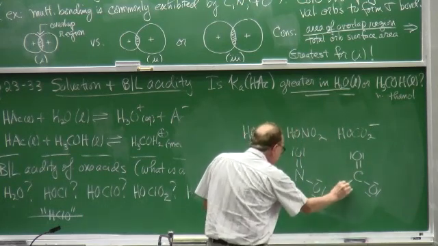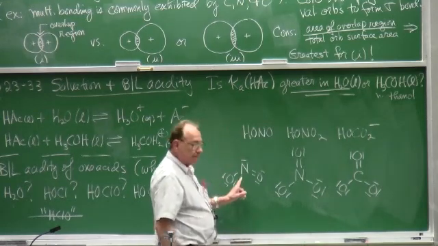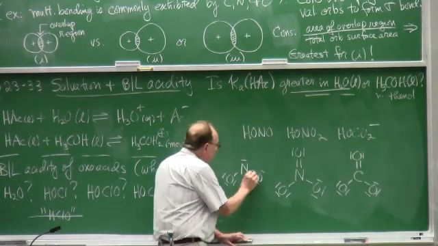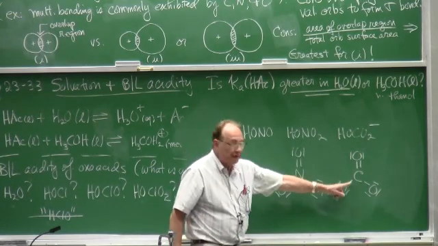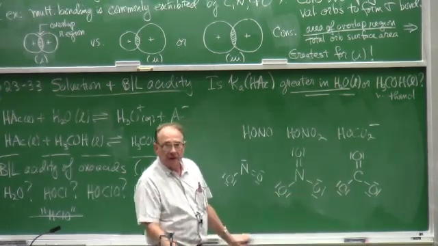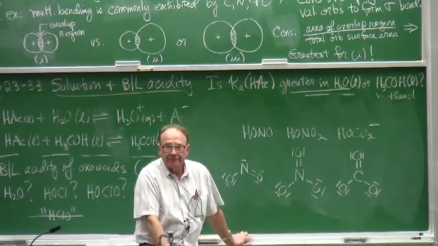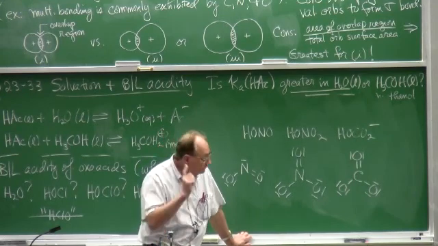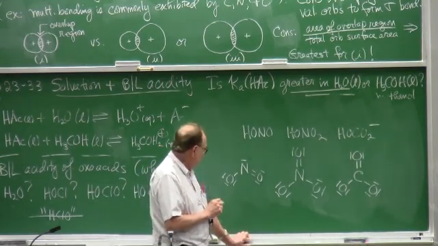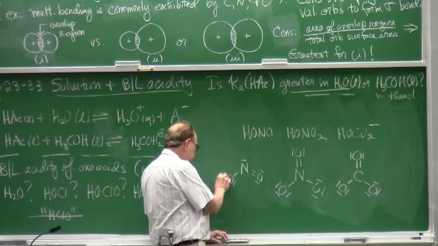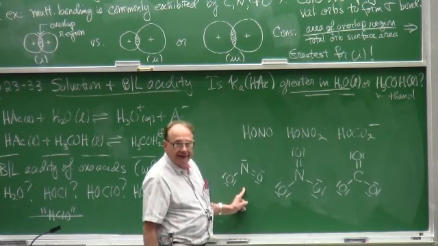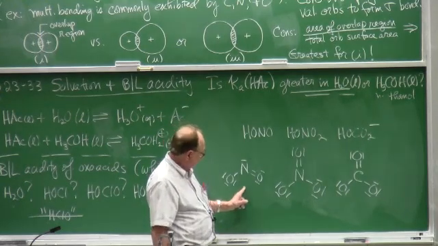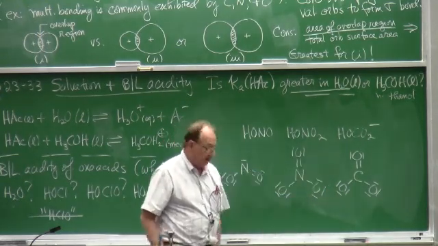Notice, if you will, that each central atom, nitrogen in the nitrite ion, nitrogen in the nitrate ion, and carbon in the carbonate ion, are all hybridized how? They're all sp2 atoms. So, bond angle, gee whiz, 120 degrees for each of these.